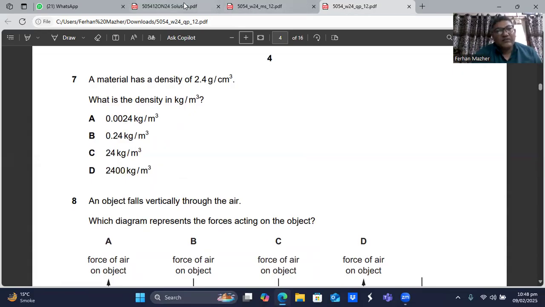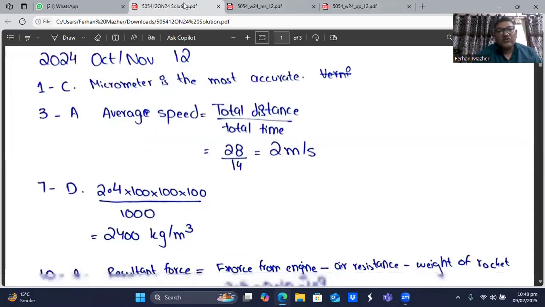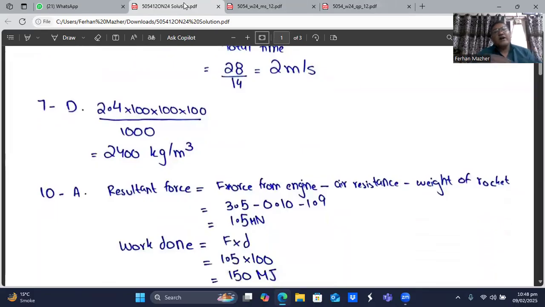I have done this on a paper, so let me show you. Because the gram is upstairs in the numerator, we will write 1000 downstairs. And because the centimeter cube is in the denominator, to convert it into the meter cube, we will write 100, 100, 100 in the numerator.